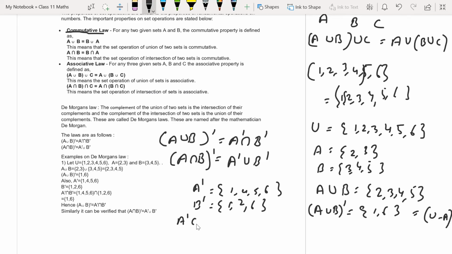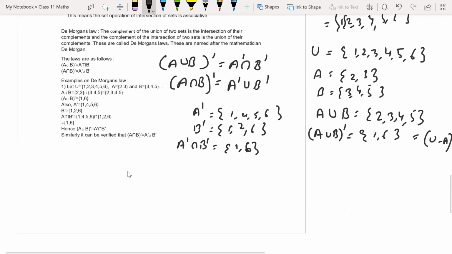A complement intersection B complement is the common elements, 1 and 6. We reach the conclusion with the help of this example that the complement of A union B is the intersection of the complement of A and the complement of B.